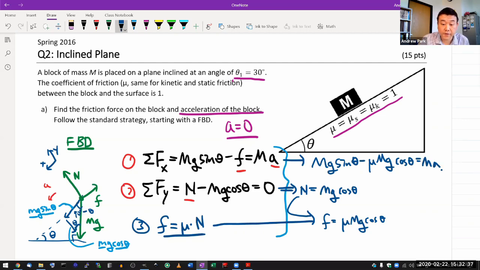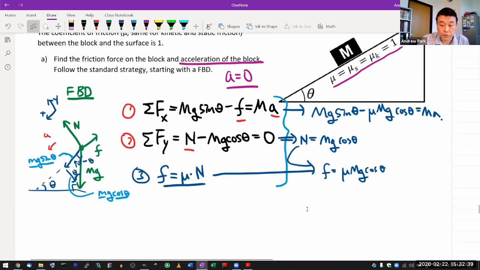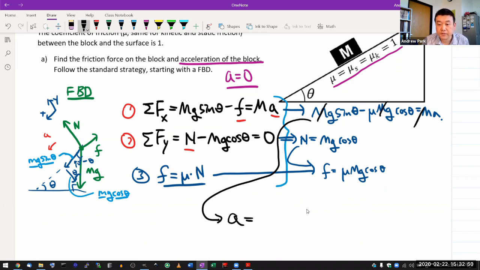And frankly, you could leave this here or close to here, solve it for acceleration. Say that a is equal to, see that all the masses cancel out, a is equal to g sine theta minus mu g cosine theta.